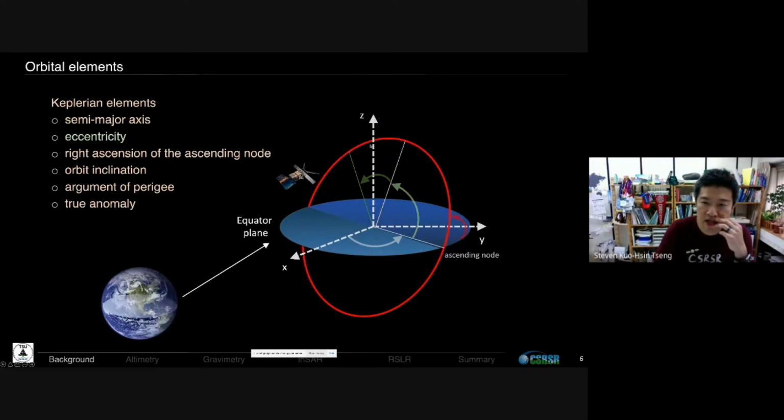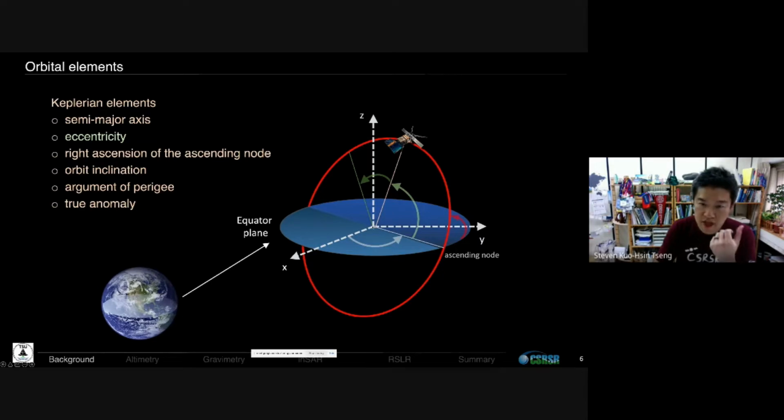And in this Cartesian coordinate system, the x-axis points to the so-called vernal equinox. So it's basically a celestial coordinate system. You can imagine it's a coordinate system fixed in space with its center at the geocenter.